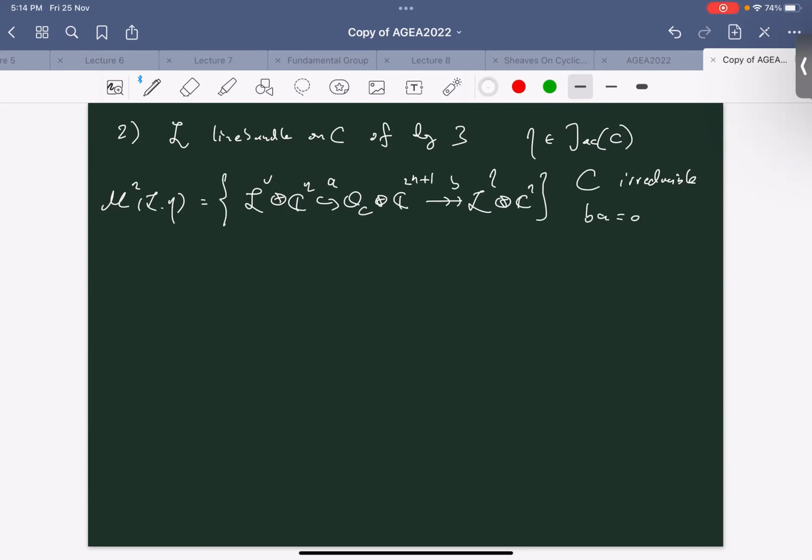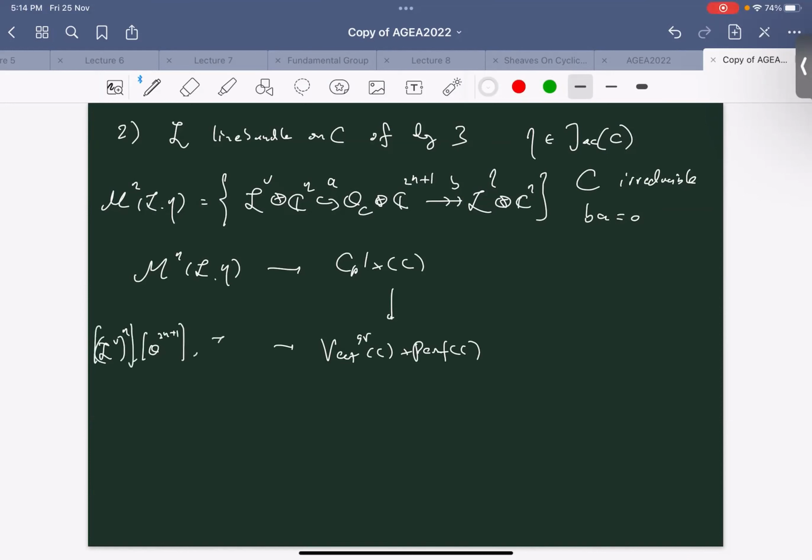Now you see that this moduli space can also be written as a fiber product: in Grade C, Perf C, the point you want to take is L dual to the n, O to the 2n+1, and L_eta to the n. That means you fix each vector bundle up to isomorphism, and then take the fiber product. So this moduli space is just constructed as a fiber product.